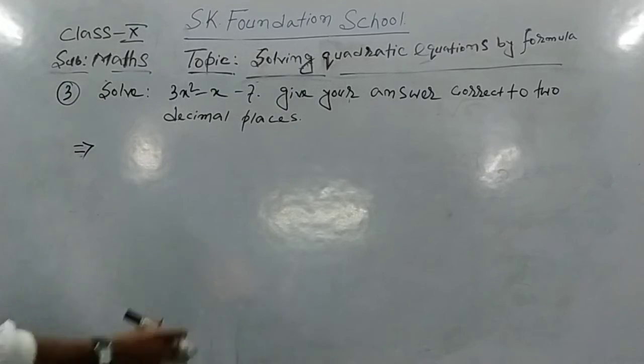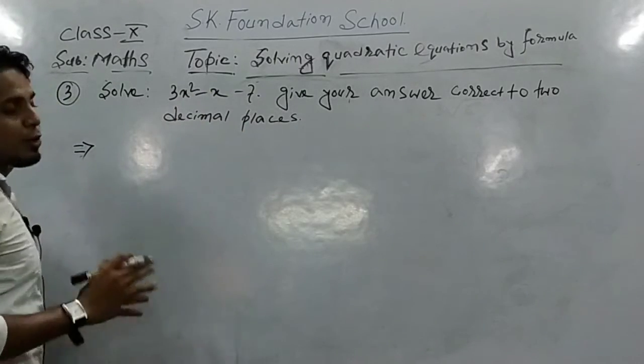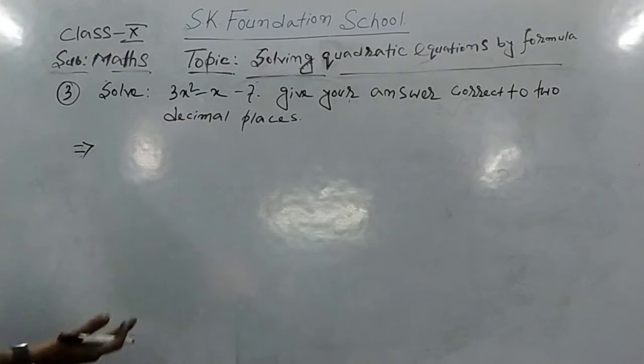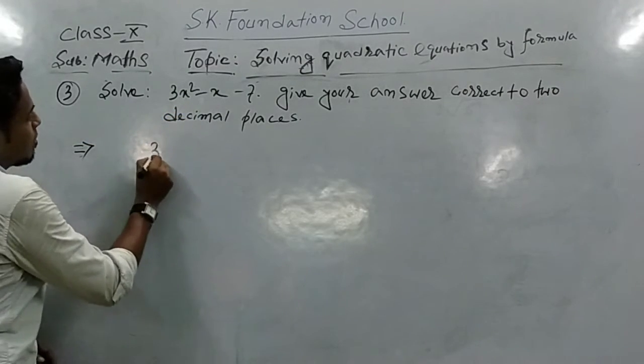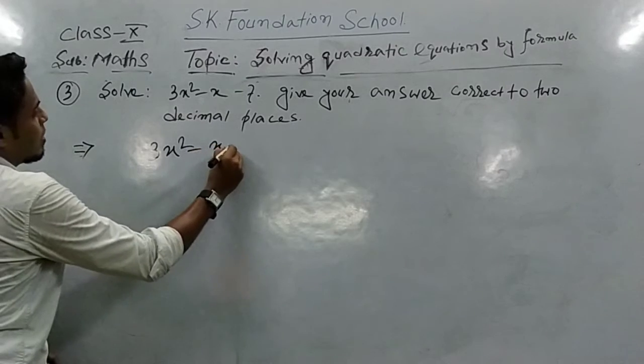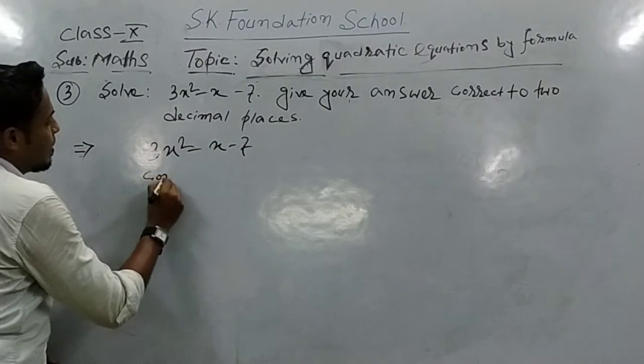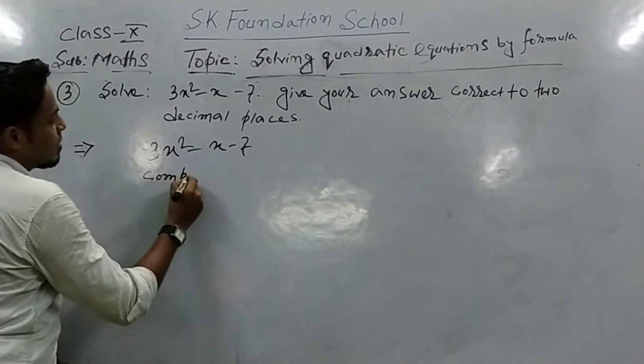First, we are going to compare this equation with the standard equation. 3x square minus x minus 7 is the given equation.